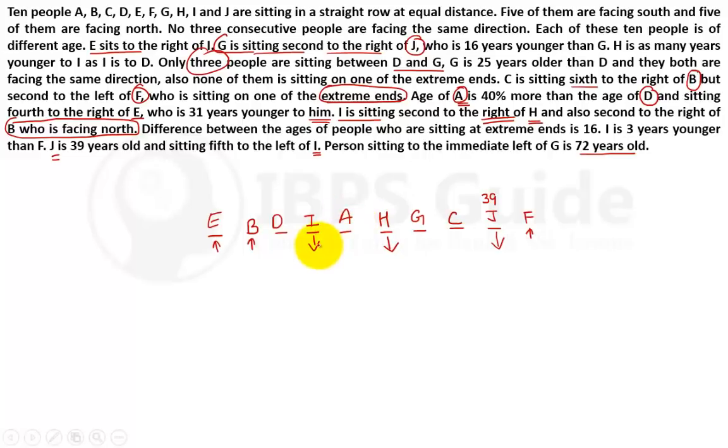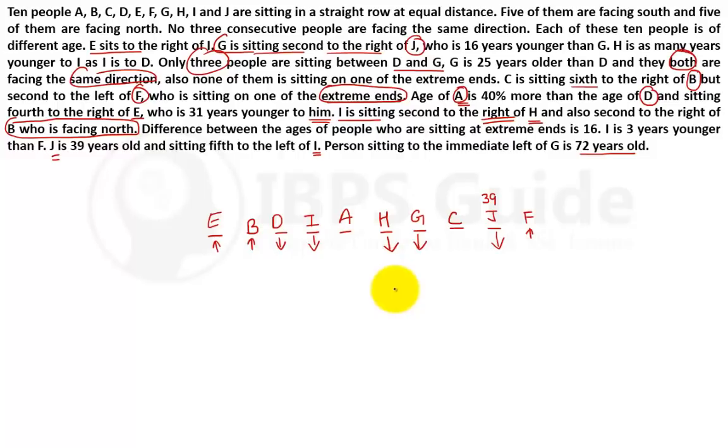Now we have to focus on direction. See, this is north, this is north, then this must be south. And also we know that the directions of D and G are the same. D and G are both facing the same direction. If D is facing south, then G is also facing south.